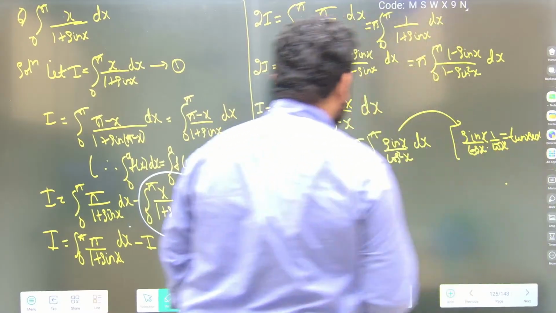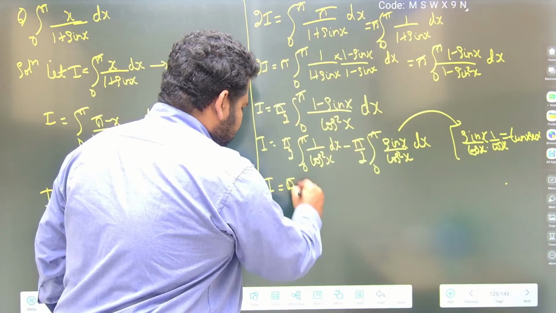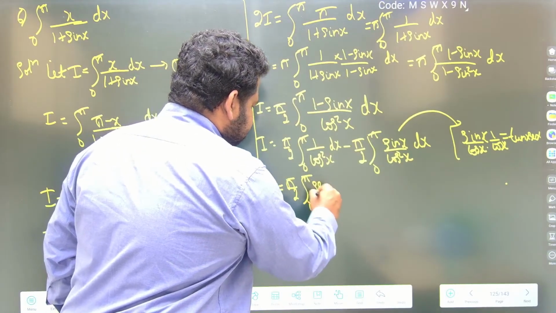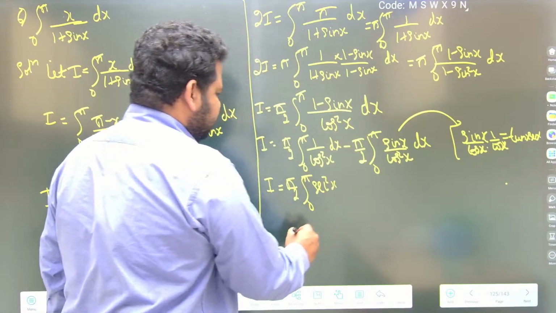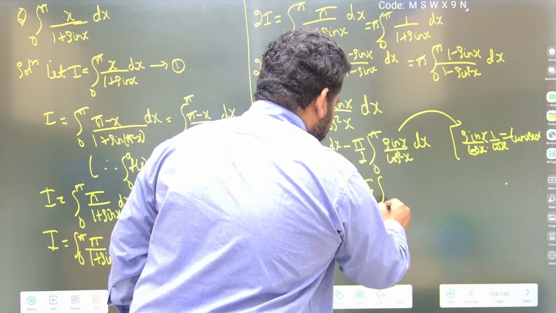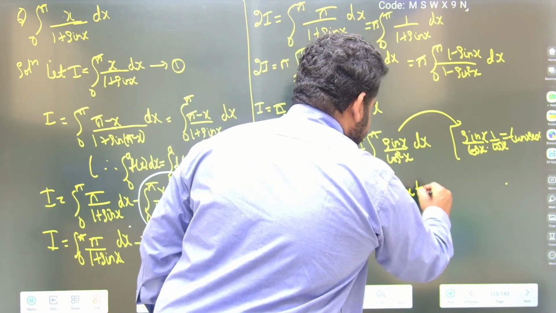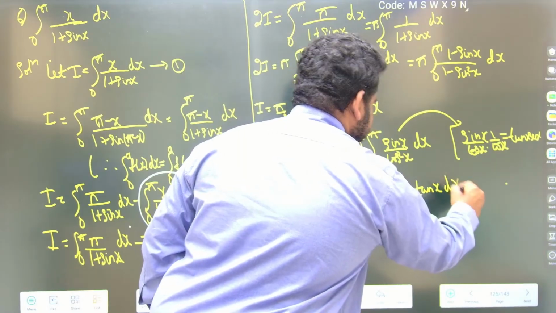Now this will become: I is equal to pi by 2 into integral 0 to pi secant square x dx, minus pi by 2 into integral 0 to pi secant x tan x dx. This is what I have, friends.